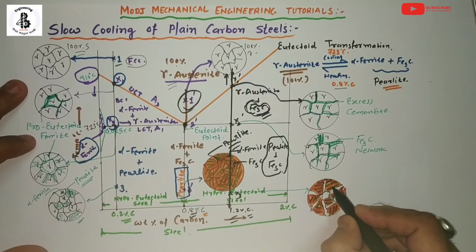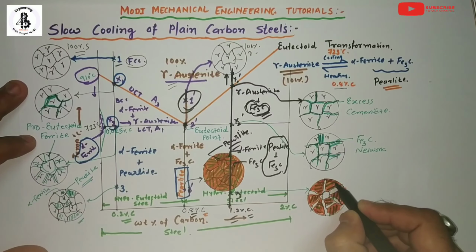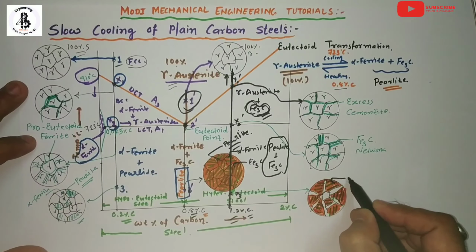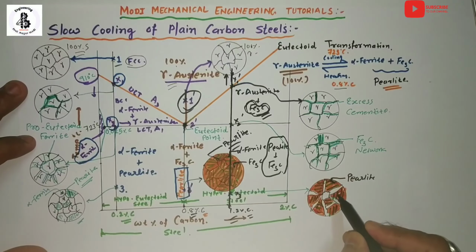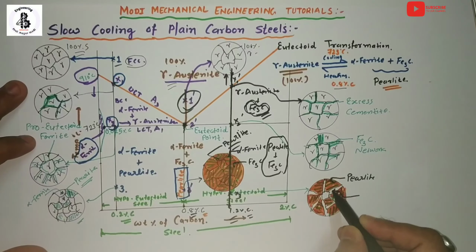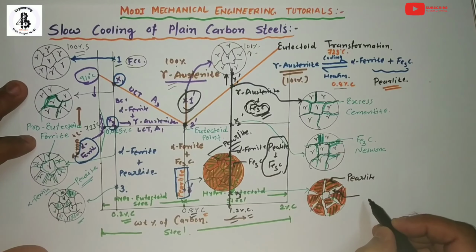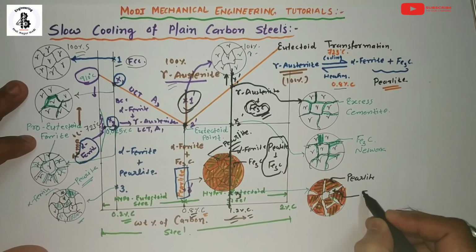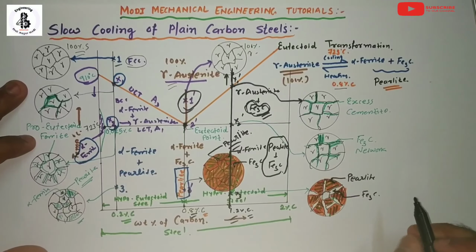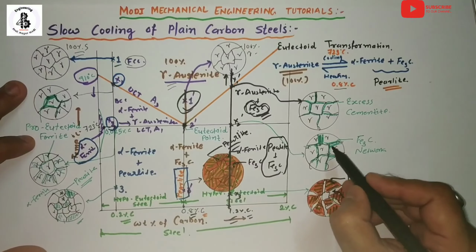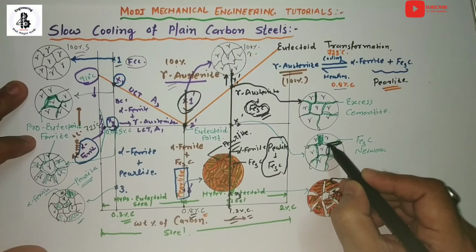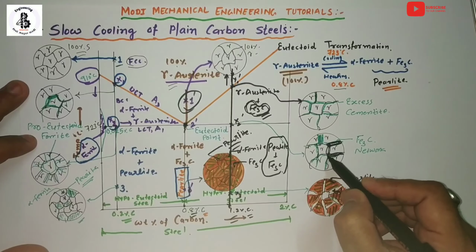You can see the alternate layers of alpha ferrite and cementite, which is known as pearlite. And in between the two grains there will be a boundary, a solid boundary formed by the Fe3C, because of all the enrichment by the carbon, which will be occupying the space at these boundary regions of the gamma phases.